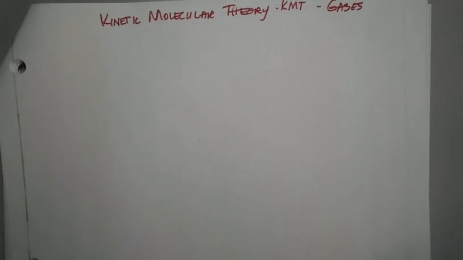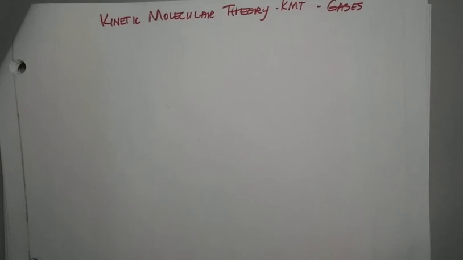What we're going to focus on here is the kinetic molecular theory as it pertains to gases. You have to know both. The big picture KMT is pretty simple, and I think you guys have that down. The kinetic molecular theory as it pertains to gases is a lot more specific.